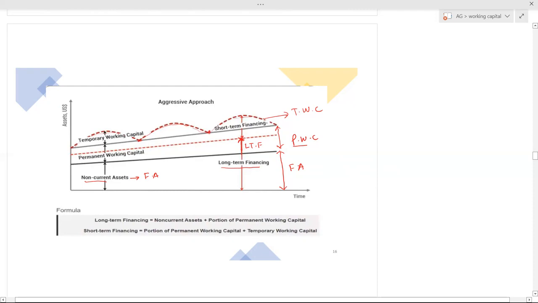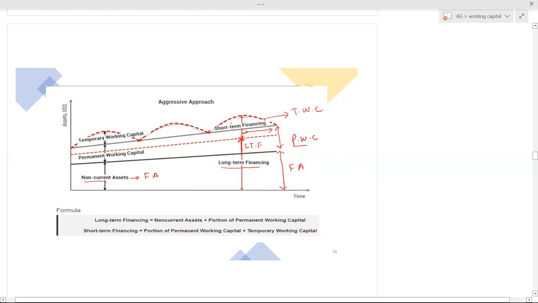But if you see, if you are using the short-term funds to buy this part of the permanent working capital, so this is being bought through short-term financing.